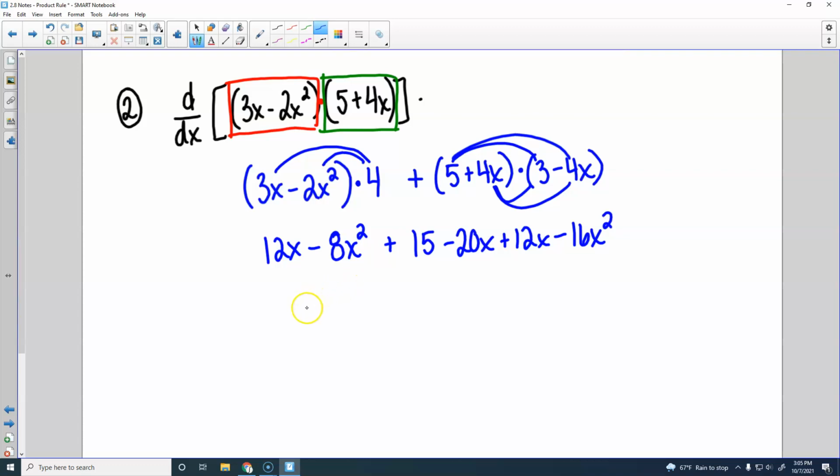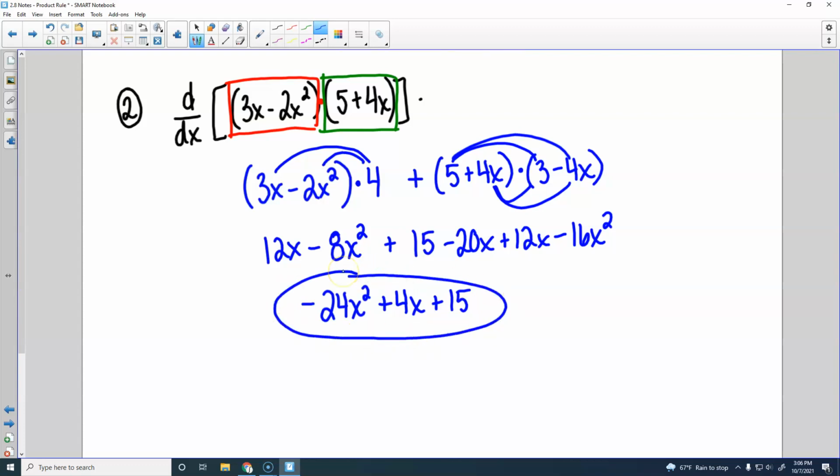And so you got negative 24x squared plus 4x plus 15, I believe. Did I do it right? And so this is your derivative.